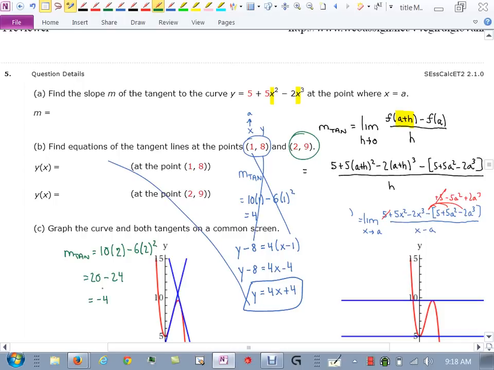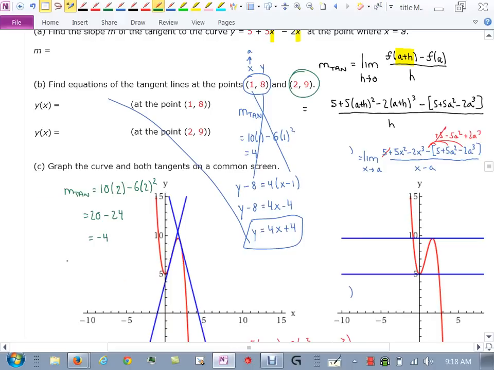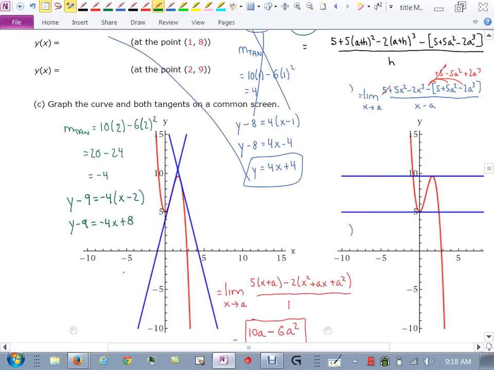And then we find the equation of the tangent line using y minus y1, in this case 9, equals the slope negative 4 times x minus x1, which is 2. Distribute negative 4 through, and then add our 9 to both sides. Negative 4x, what's that, plus 17. So those are our two lines.